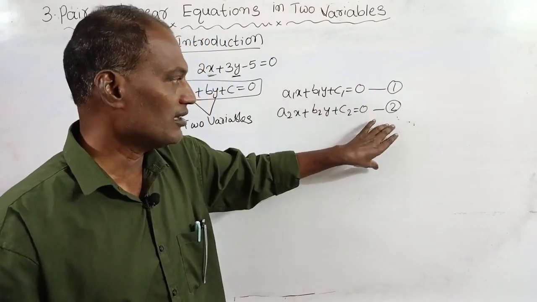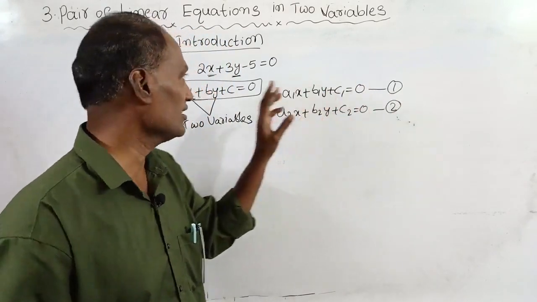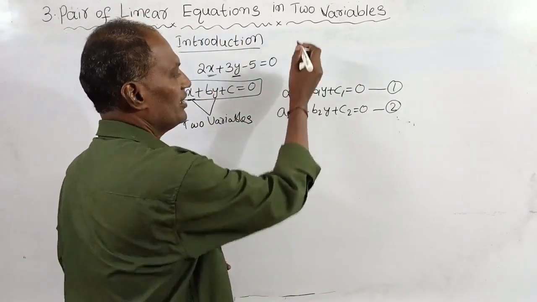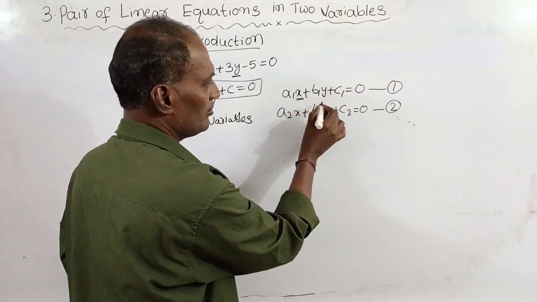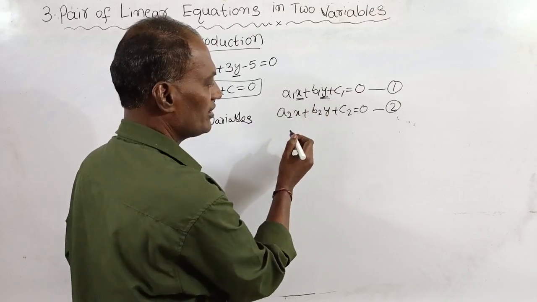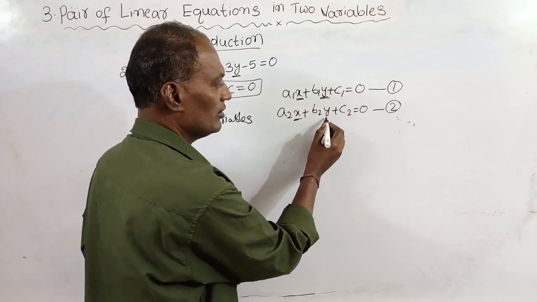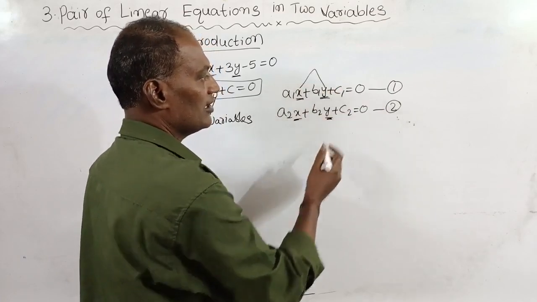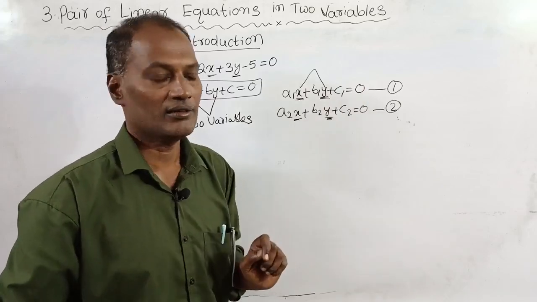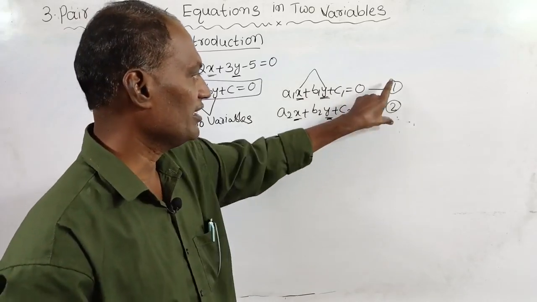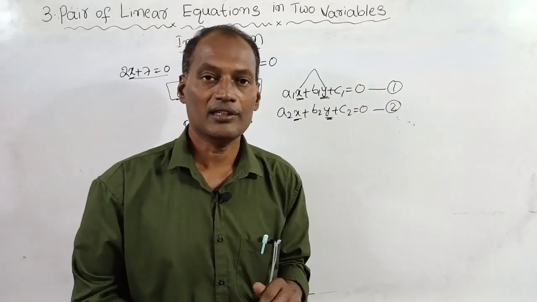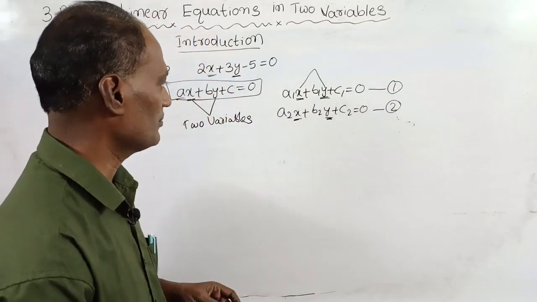These two equations together are called a pair. That's why it is called a pair of linear equations in two variables. In each equation x is one variable and y is one variable, so these two equations are a pair of linear equations.